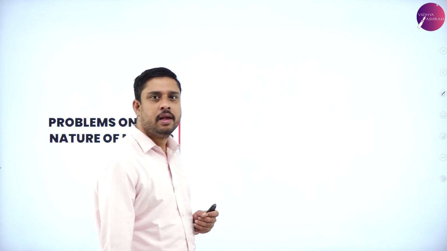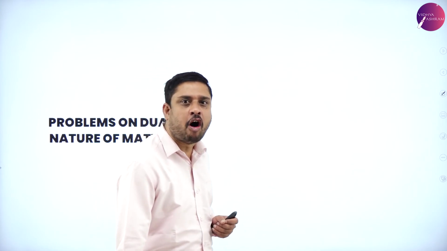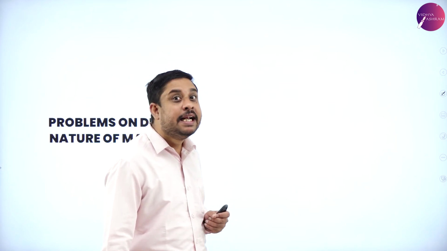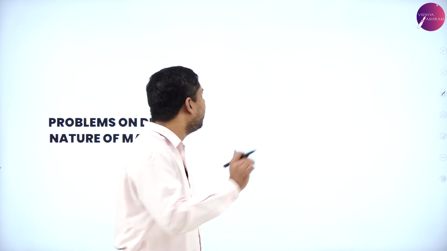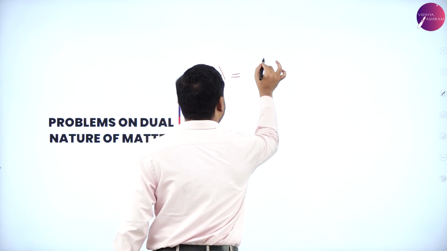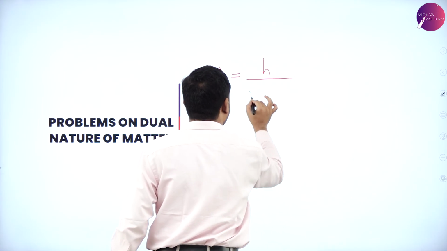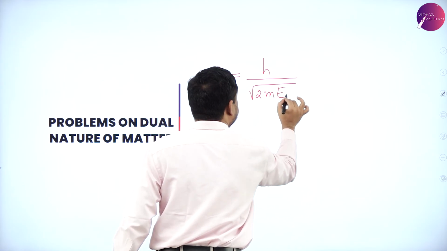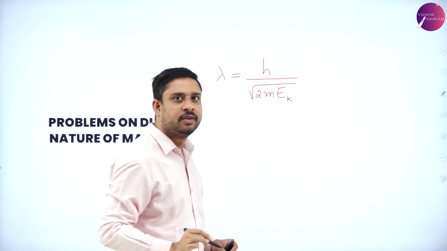Now, expression for de Broglie wavelength in terms of energy. So we know in terms of energy, lambda is h divided by root of 2m(E)k.